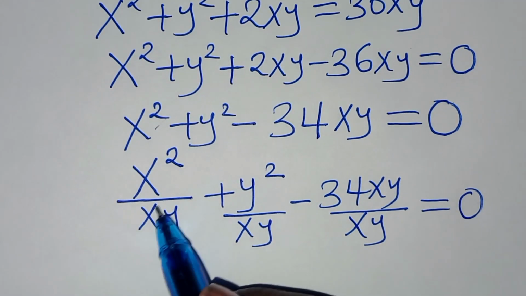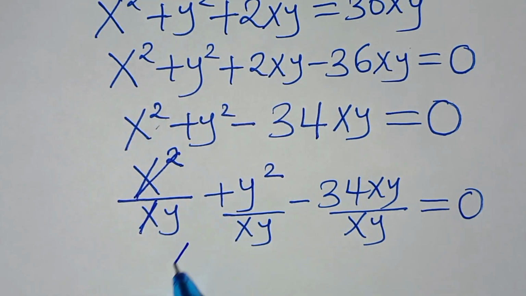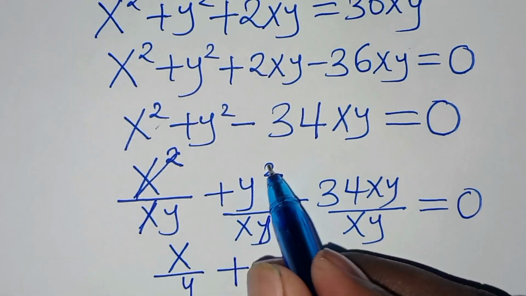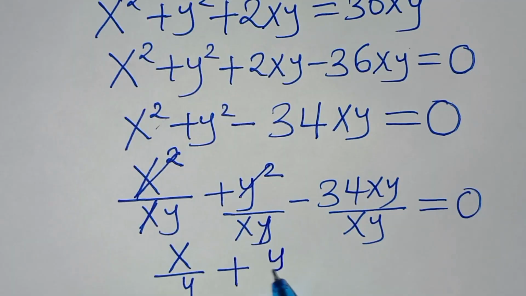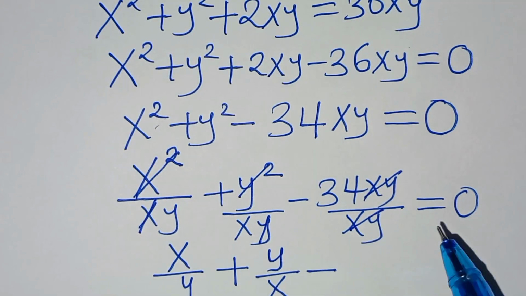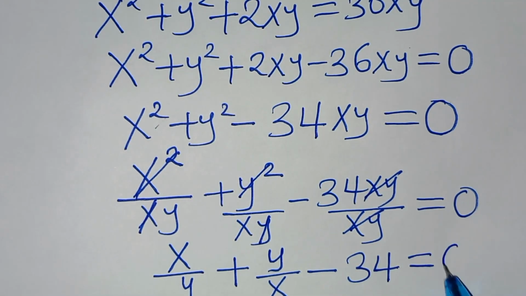By simplifying, x squared divided by xy gives x over y, plus y squared divided by xy gives y over x, minus 34, equals 0.